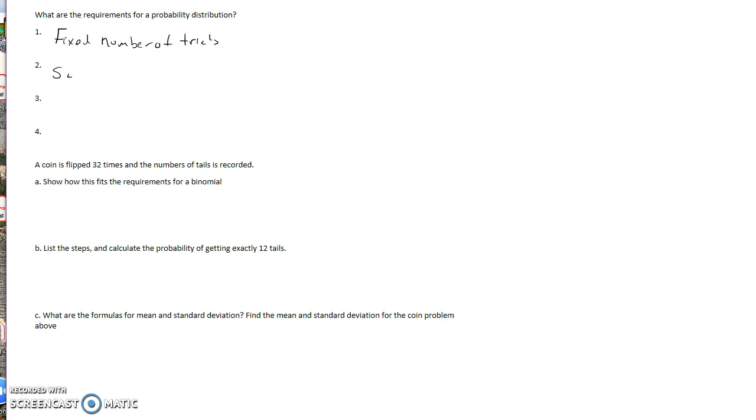The second is that it is independent. The next is that it has 2 outcomes. And then finally, you need the same probability each time.